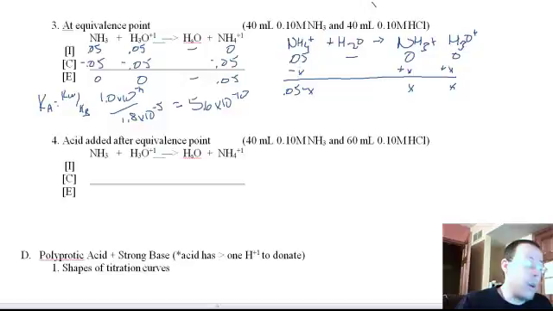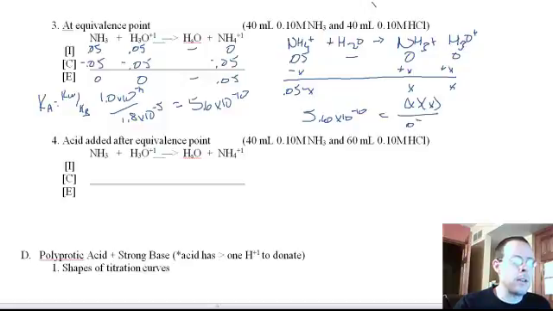Alright, so we're going to set 5.6 times 10 to the negative 10th equals X times X, all divided by 0.05 minus X. X is small, so we're going to get rid of it. So really we're going to multiply, take the square root of both sides, and we find that X equals 5.29 times 10 to the negative 6th.